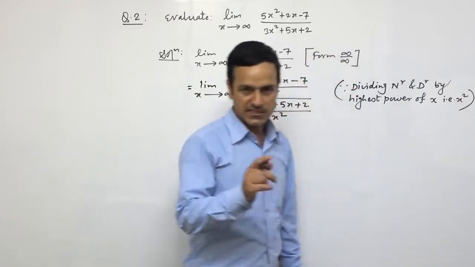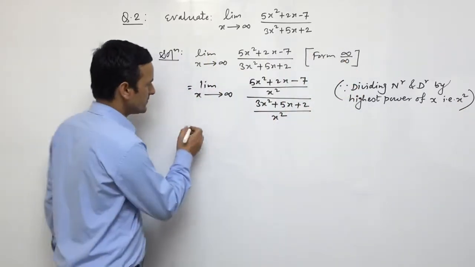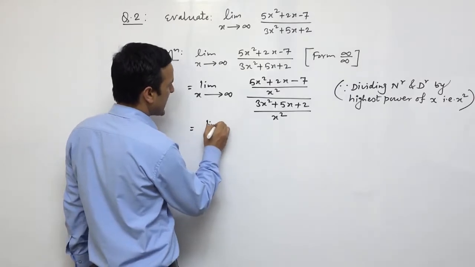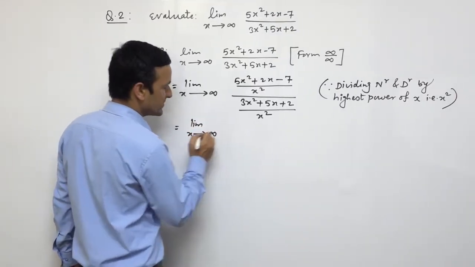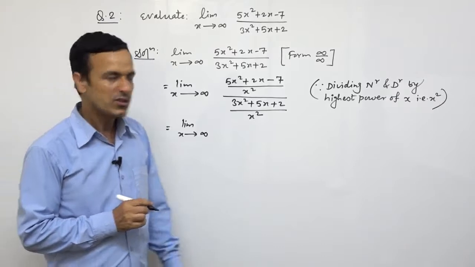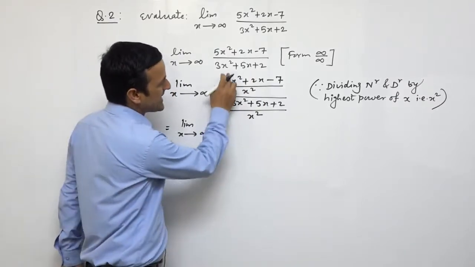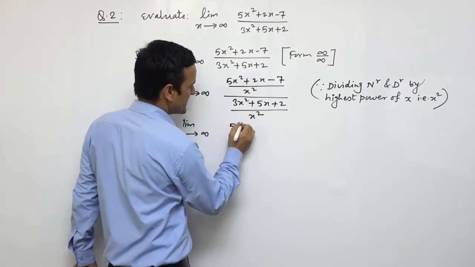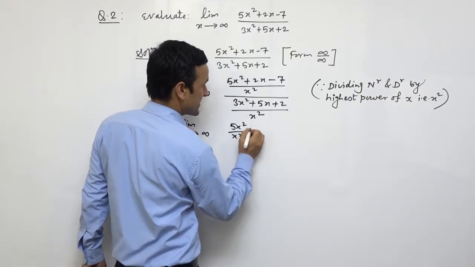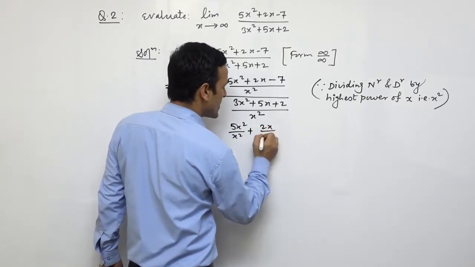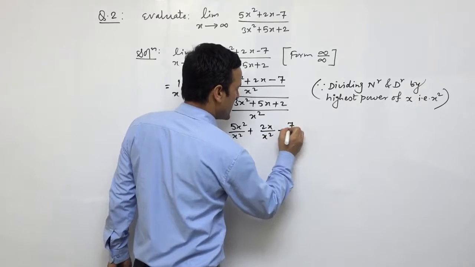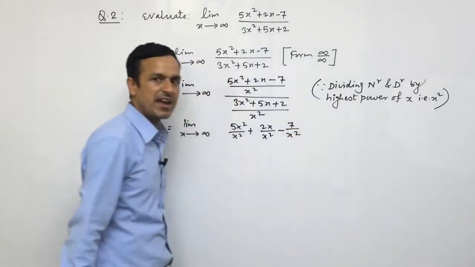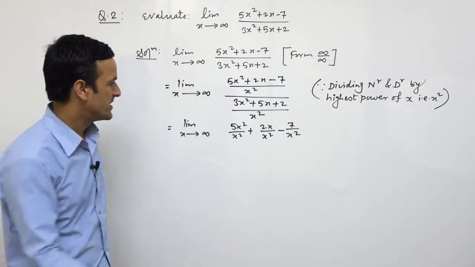That means this is x square. Now we can cancel it by separating the numerator and denominator. So here we can separate this term like this: 5x square divided by x square, and 2x divided by x square, and 7 by x square in the numerator.